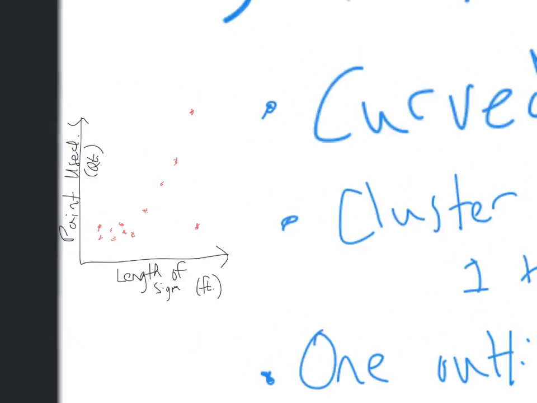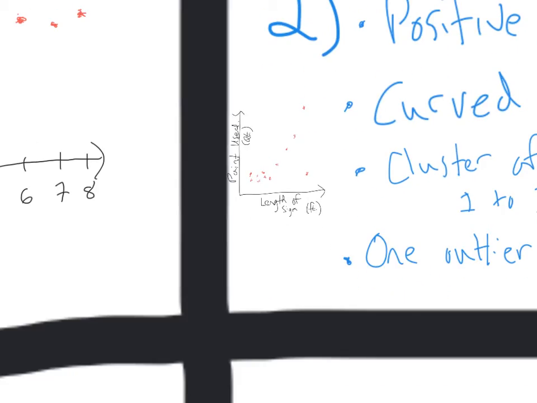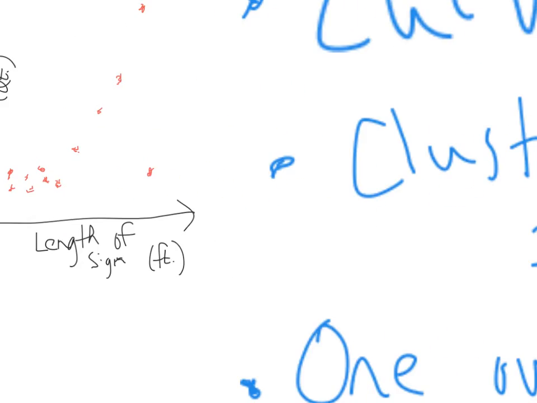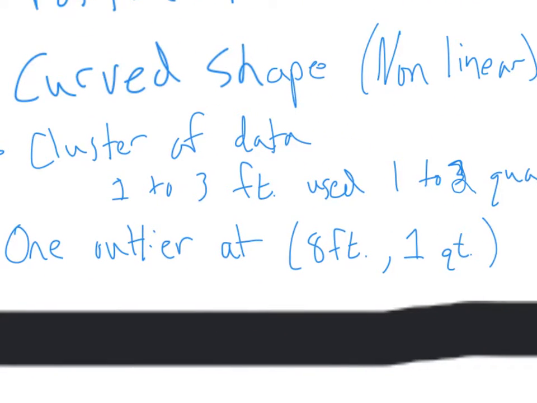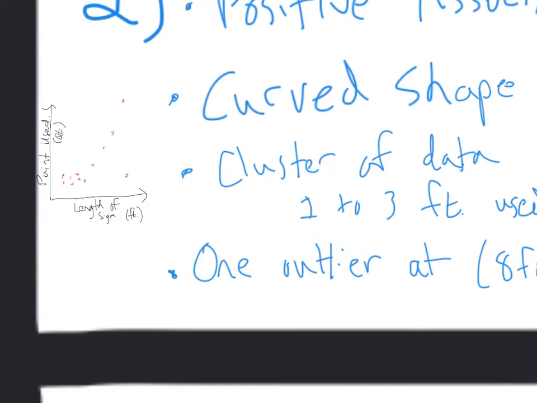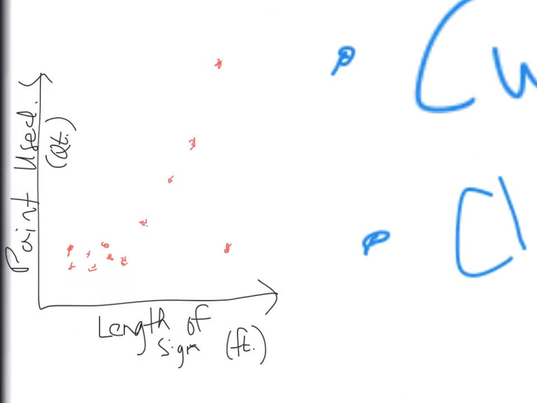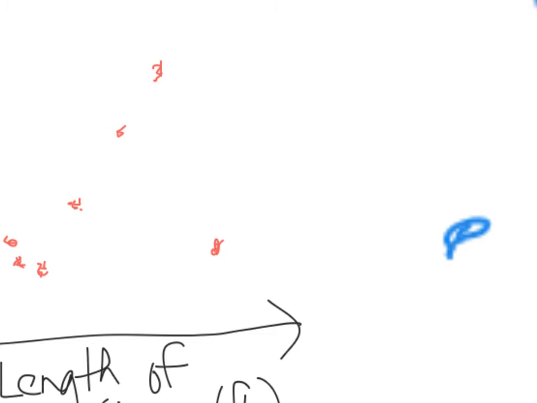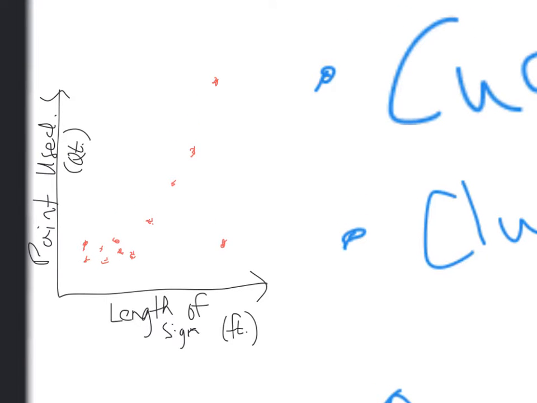So if we look over here, there's a cluster of data, lots of data points right in this area. And then the last thing I noticed is that there is one outlier at 8 feet and 1 quart. That outlier is the odd man out, the one that doesn't quite fit in with everything else, and that's this point right here. That would be an outlier.